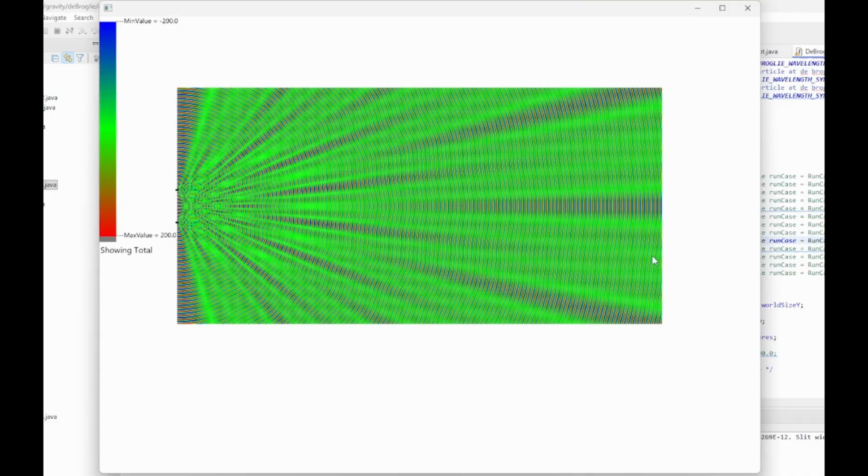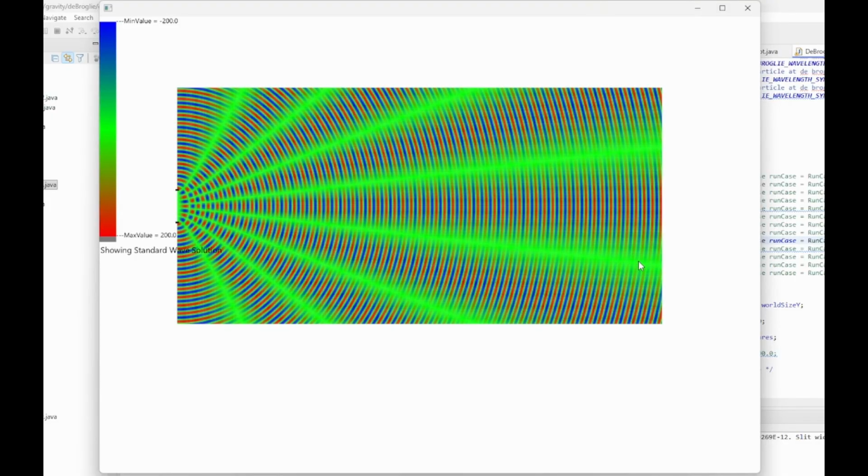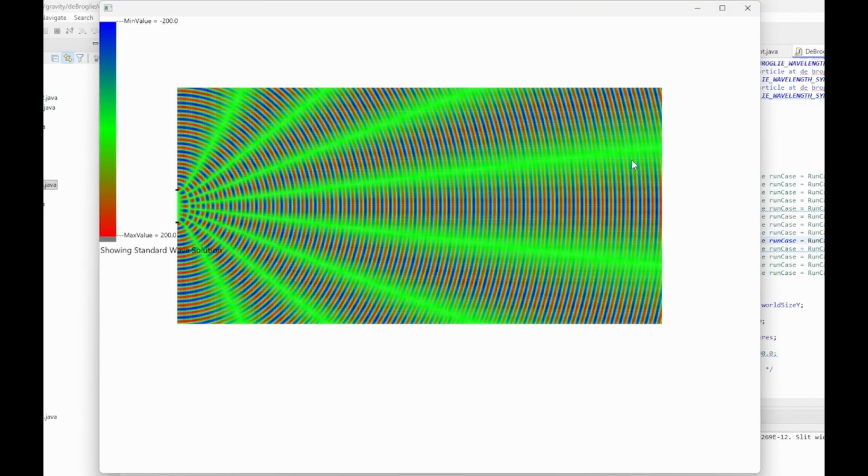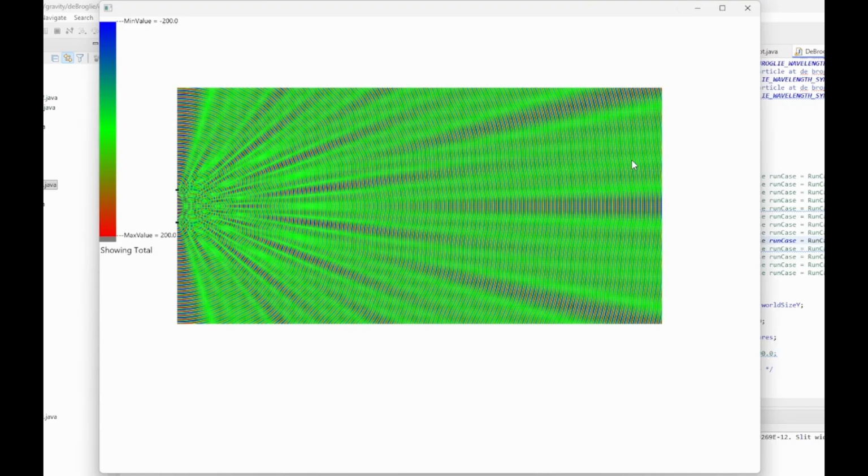But when you look at the actual solution, here is the dead spot, and at least the bands line up. I would expect that as you did this over 20 centimeters instead of 20 nanometers, these green bands would converge to the same answer as we see in the previous case.